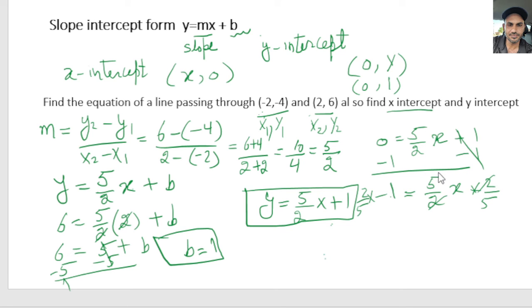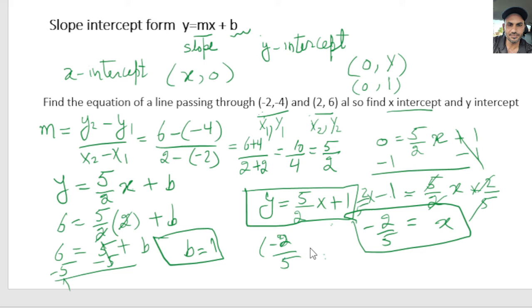This 2 cancels this, and 5 cancels this one, so on this side we have x, and on this side we have -2/5. So now we can plug this in, and our x-intercept is -2/5 comma 0.